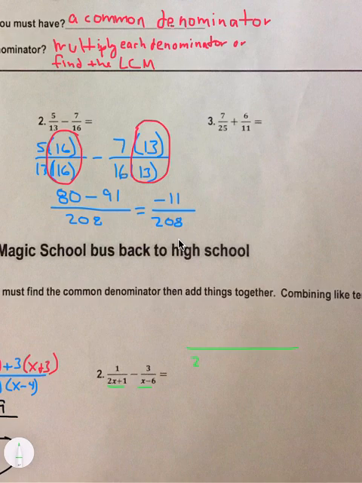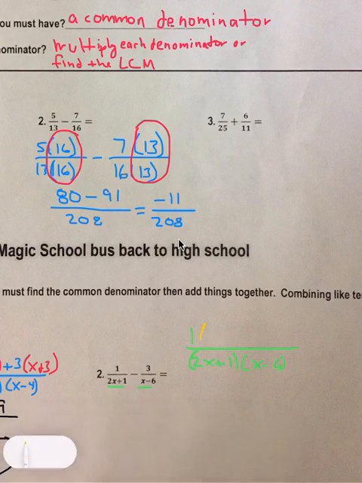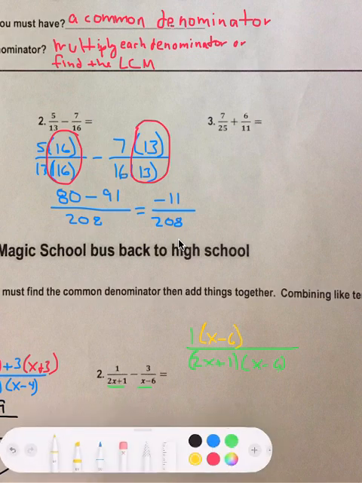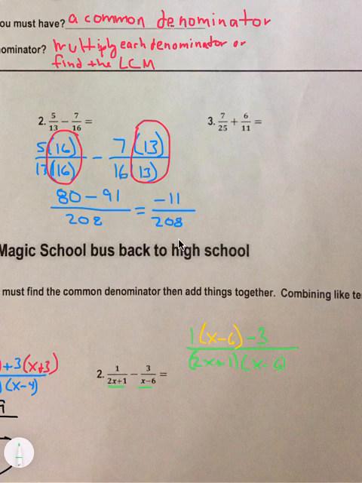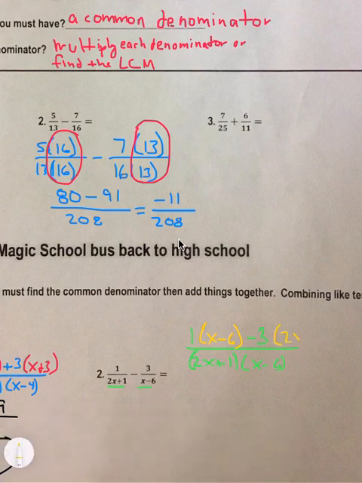It's going to be 2x plus 1 times x minus 6. And so that means I need to multiply the 1 by x minus 6, because that's what it's missing. And I have to multiply the negative 3 times 2x plus 1, because that's the factor it was missing.